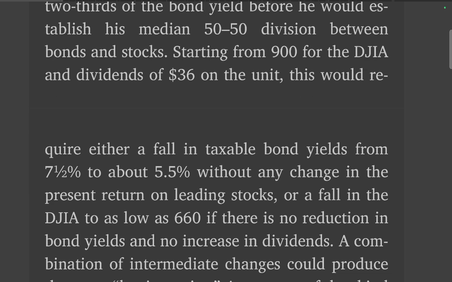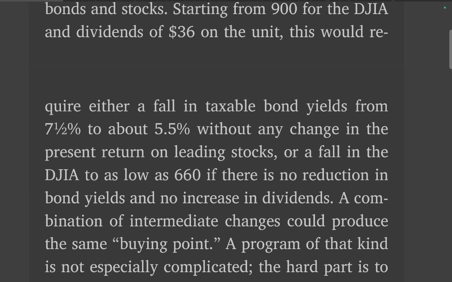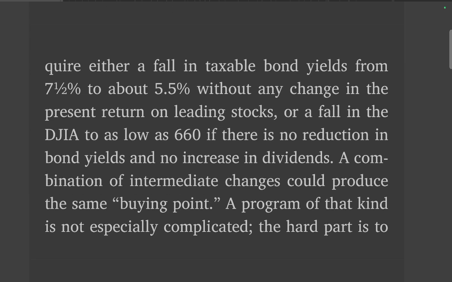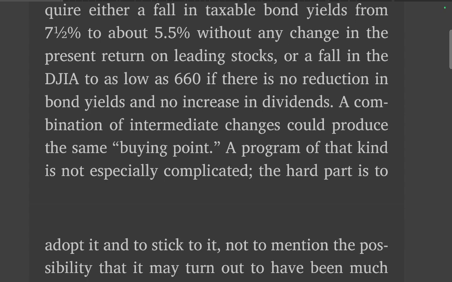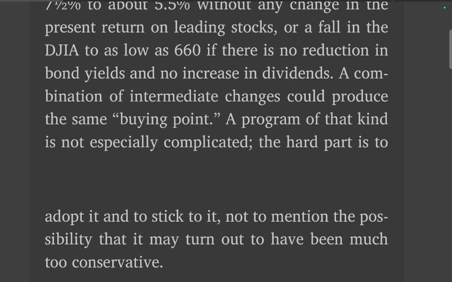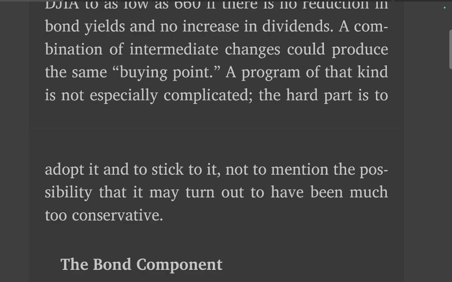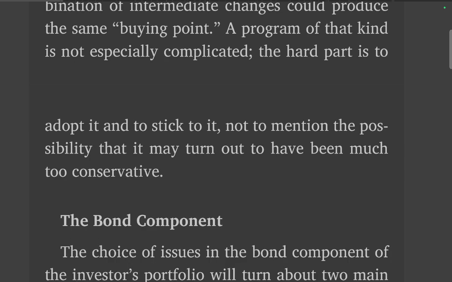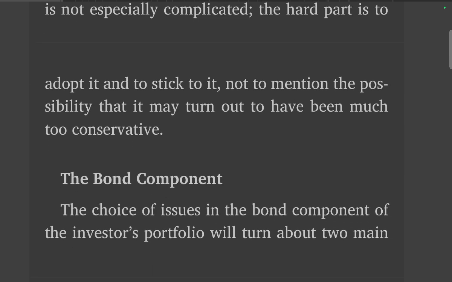This would require either a fall in the taxable yield of bonds from 7.5% to 5.5% without any change in the present rate of dividends on stocks, or a fall in the DJIA to as low as 660 if there is no reduction in the bond yield and no increase in dividend. A combination of intermediate changes would produce the same buying point. A program of this kind is not especially complicated. The hard part is to adopt it and stick to it. It is not out of the question that it may turn out, and leave us, much too conservative.